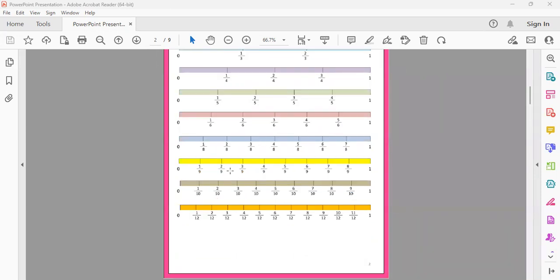Then they have divide into 8, divide into 9, divide into 10 parts, and divide into even 12 parts. Now, take note of the 10 parts, because this is really special. So I'm going to explain a little bit here. This 1 over 10 is the same as your decimal 0.1. When I come to that, we will recap this again.